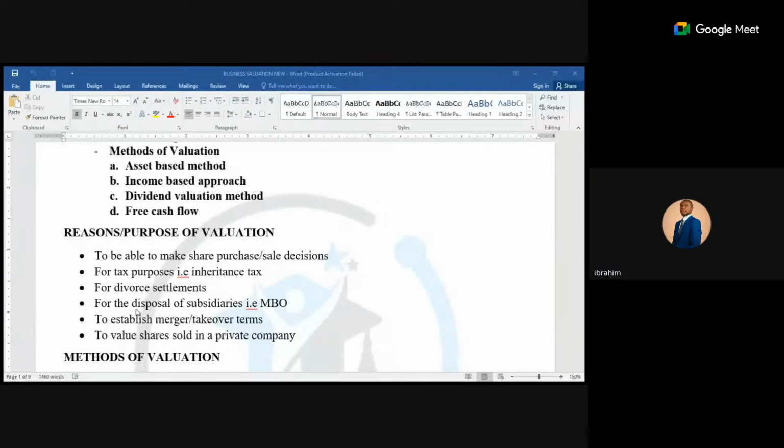So you have to carry out a valuation. You want to know the value of the business. When you know the value of the business, you can now say, this is the amount from which you need to pay your creditors.